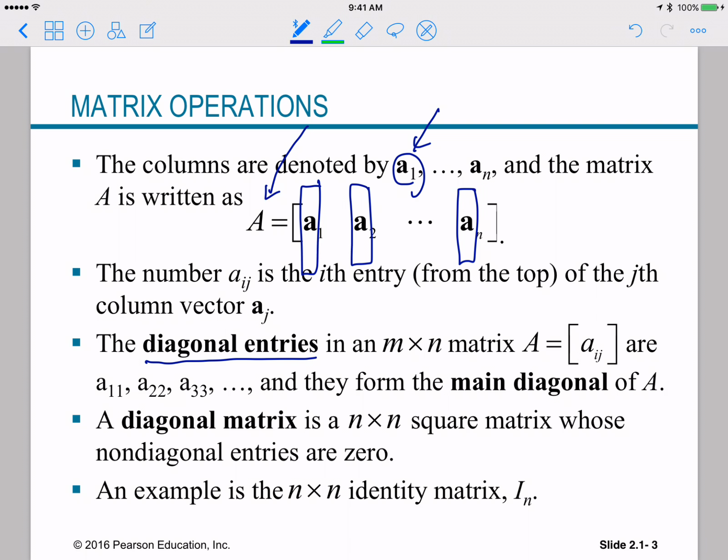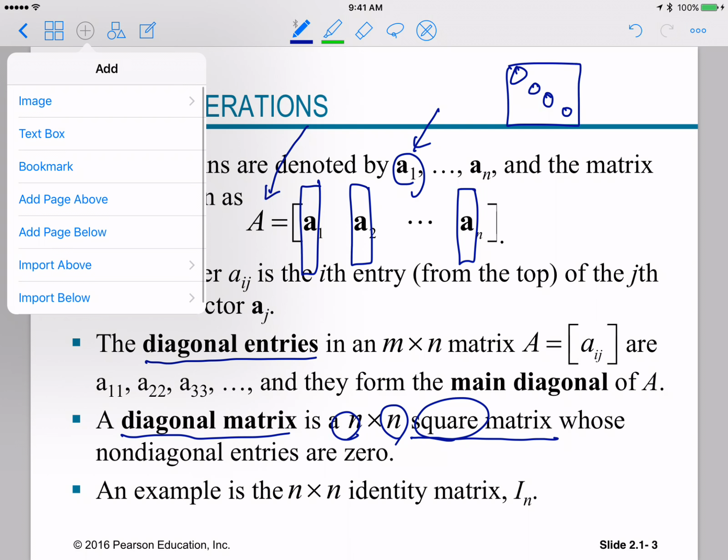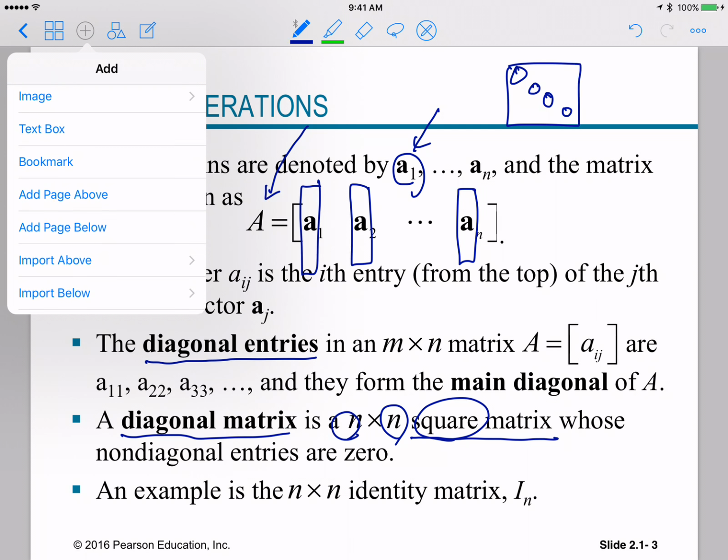Another definition is a diagonal entry, which is just an entry along the diagonal of the matrix. Then another term, the diagonal matrix, is a square matrix, which has the same number of rows and columns, and in the diagonal matrix the non-diagonal entries are 0.